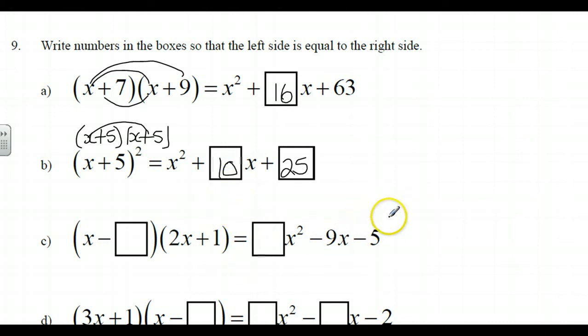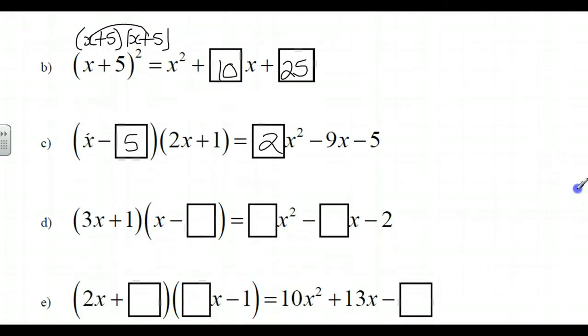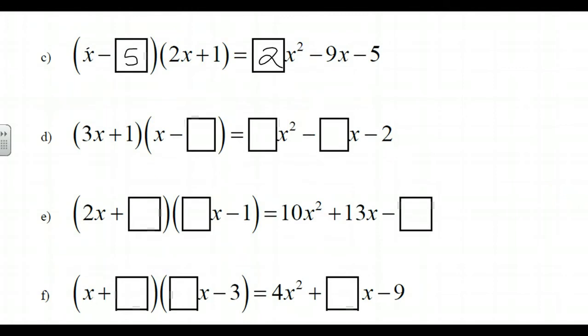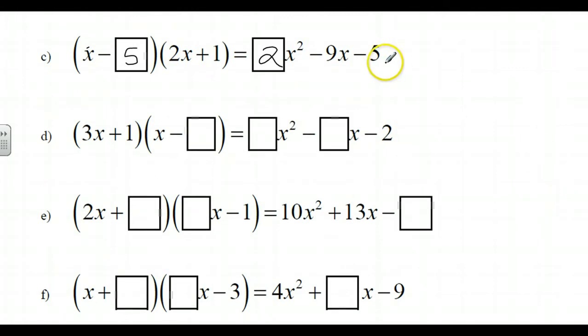Okay, how do I get negative 5? Well, it only comes from the last term, and it's something times 1 gives me 5. So that'll be a 5. And this first term, the x squared, only comes from the first terms multiplied together, and that'll be 2x squared. Okay. Now, I suppose ideally I should have said, hey, you should be doing this on your own, and then you can come back and check.